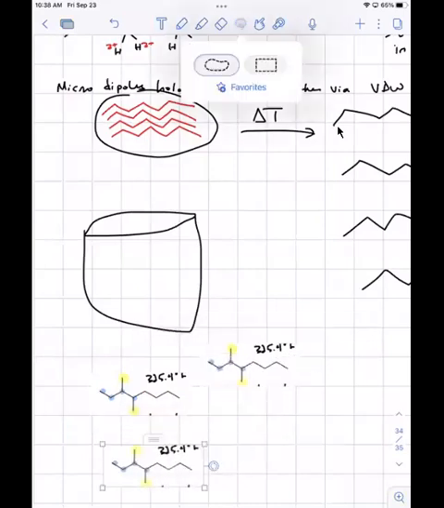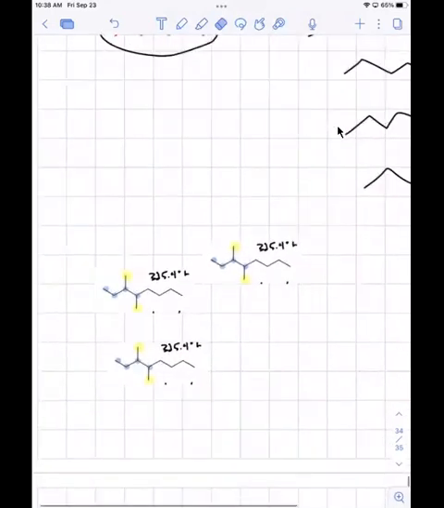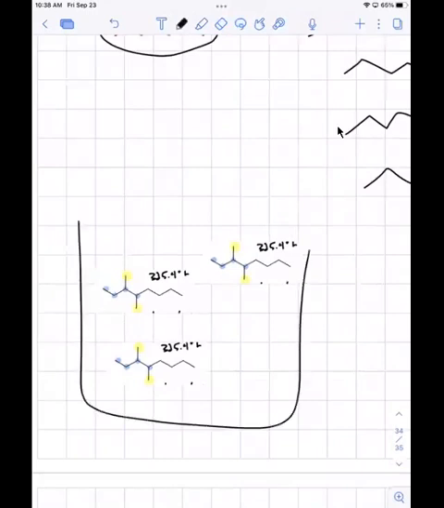You have multiple molecules of the same thing in a beaker, and if you're boiling this, you want to get those molecules apart from one another.